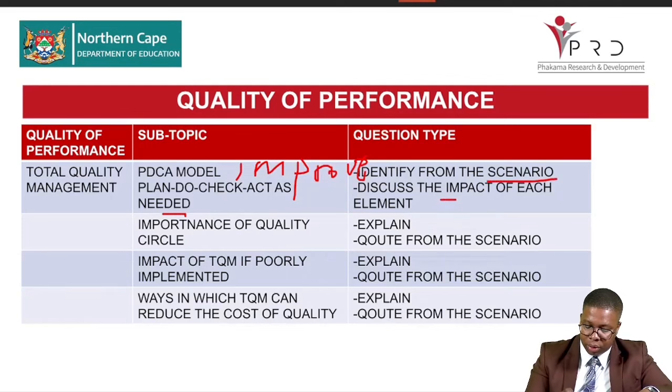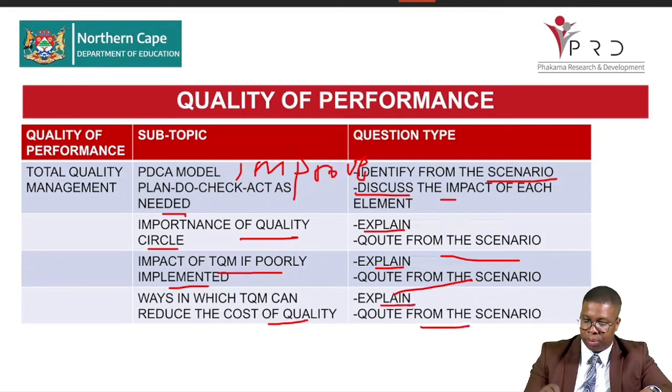And then when you look into the discussing, we also look into the importance of a quality cycle. With the importance of quality cycle, we focus on explaining and quoting from the scenario. With the impact of TQM if poorly implemented, we look into explaining and quoting from the scenario. And with ways in which TQM can reduce the cost of quality, we also focus to say you should know how to explain and quote from the scenario.